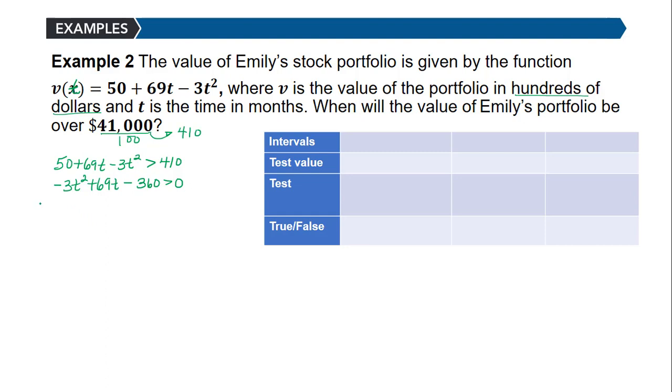So we can solve it by first finding the boundary numbers, by solving this associated equation, -3t squared plus 69t minus 360 equals 0. We can divide through by this common factor of -3, and that will give us t squared minus 23t plus 120 equals 0.